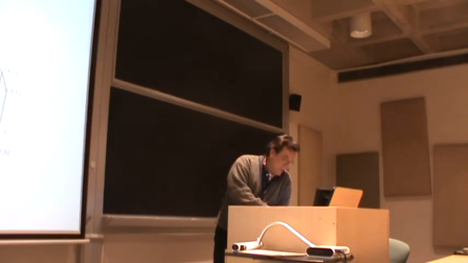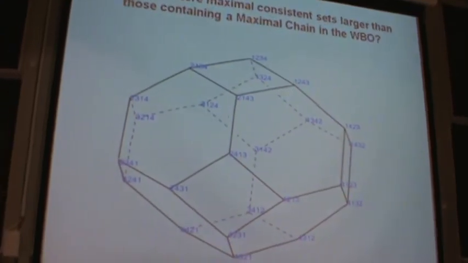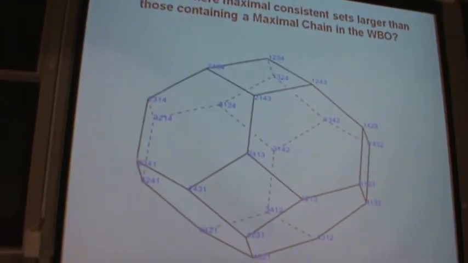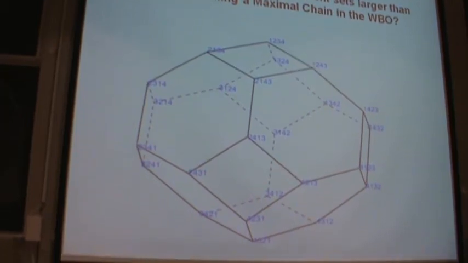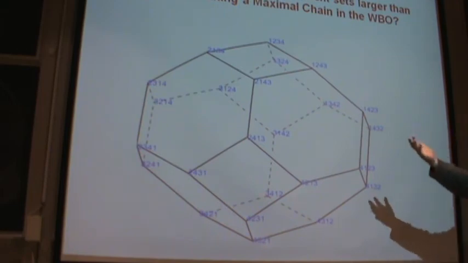What is then the open question? Well, can you find consistent sets that are larger than what I described to you? What I described to you is: take a maximal chain, apply my algorithm, and sometimes I give you a huge set, sometimes I give you a tiny set.